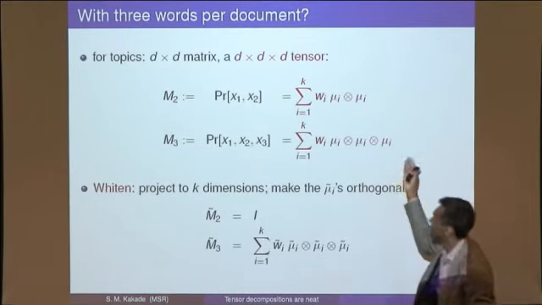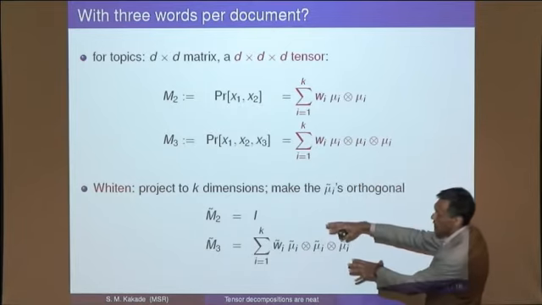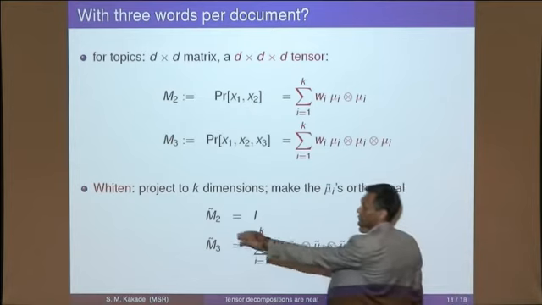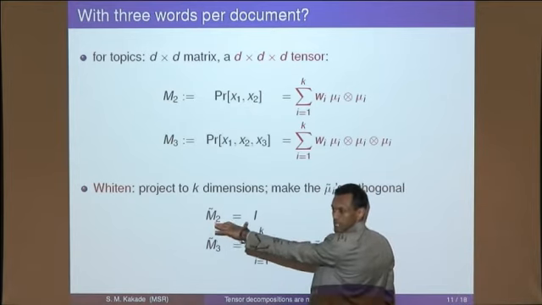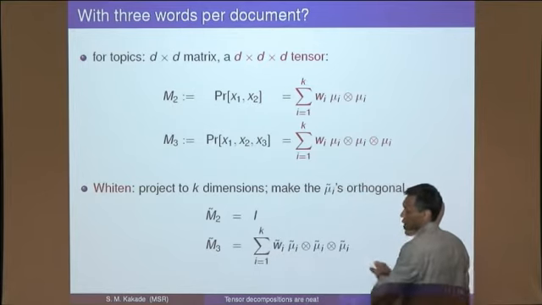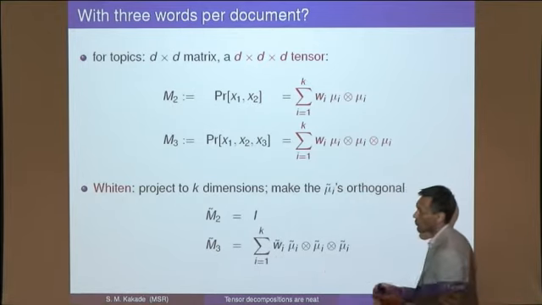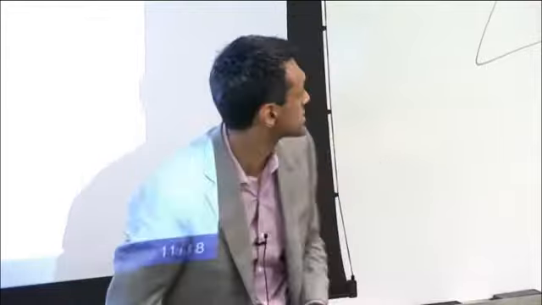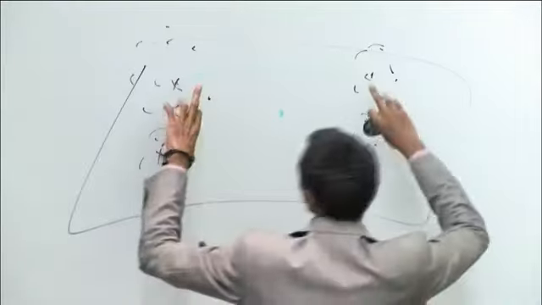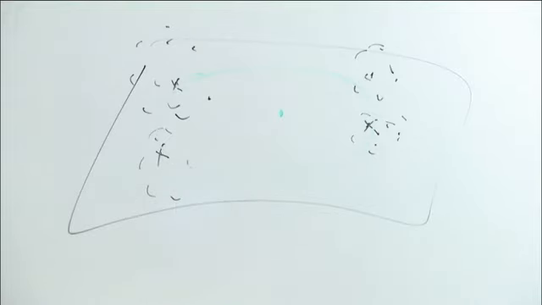And when we do that, we do the same linear transformation of the tensor, which means the equivalent way to look at this problem is we know the second moment is isotropic. It's a sphere. We have a third moment that looks like this, where now we're in k dimensions. And what this transformation to a sphere does is it makes these means orthogonal. So basically, we're now working in a coordinate system where these x's are orthogonal.